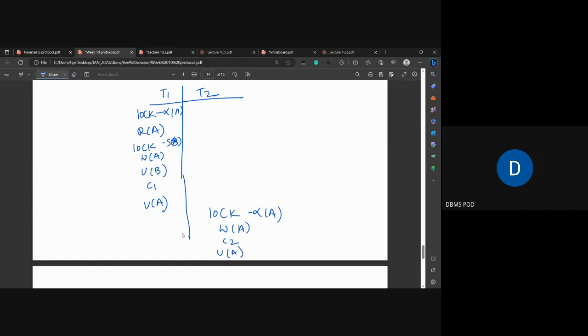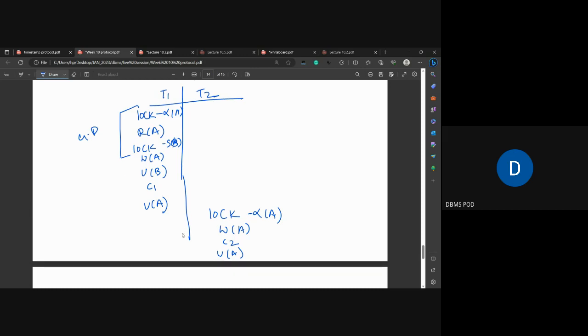I'm writing the short form. So what does S2PL say? It follows 2PL, and whatever exclusive lock is there should be unlocked after the commit operation, right? So does it follow 2PL or not? Just check. Yes, sir, it follows, because this is the growing phase and this is the shrinking phase.